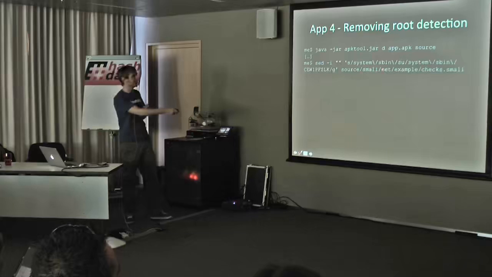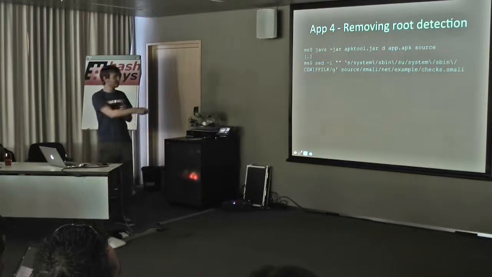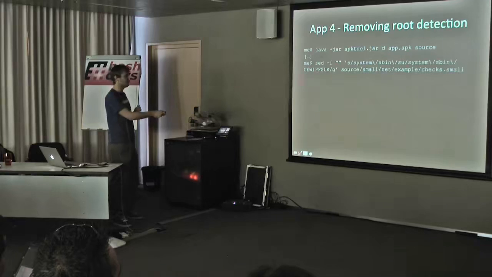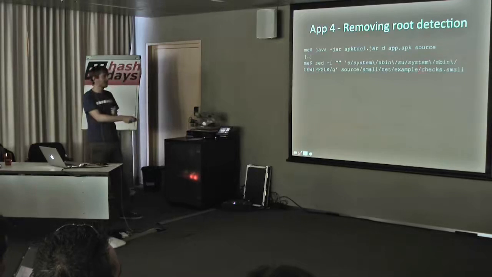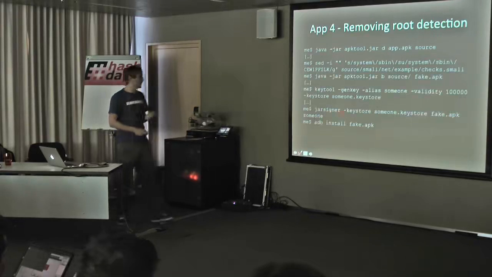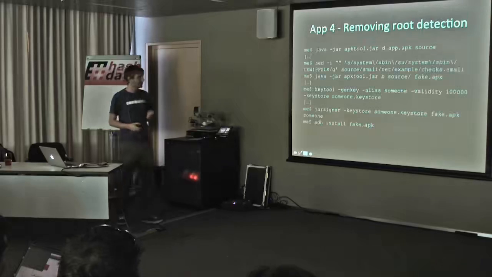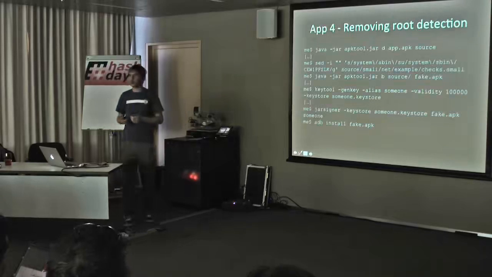Basically, it just changes sbin.su to system sbin kevipslk. And I guess there is actually no file with this name on an Android system in system sbin, so the detection will always fail. And I signed it again and uploaded it again, and it worked quite well.